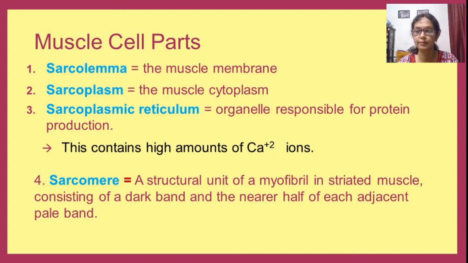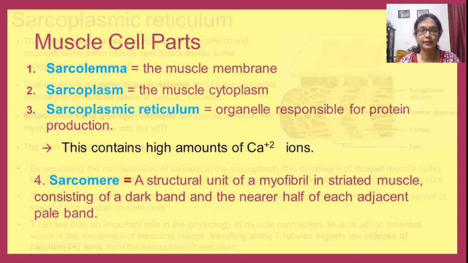When we discuss muscle contraction, we will discuss the role of the sarcoplasmic reticulum. And here the sarcomere, that is the basic structural unit of a striated skeletal muscle. Later I will discuss this.